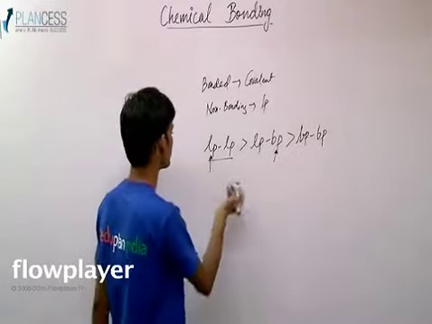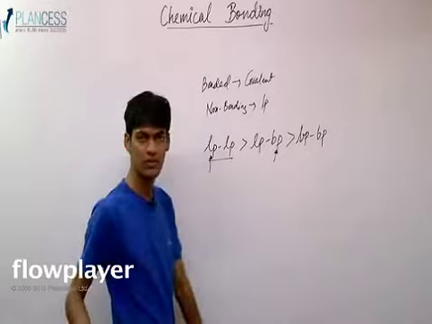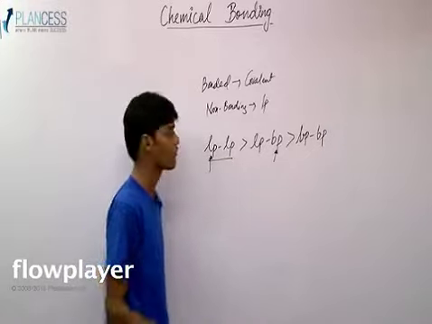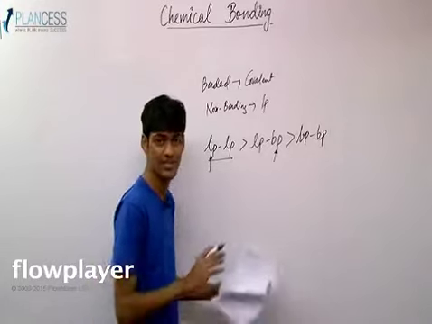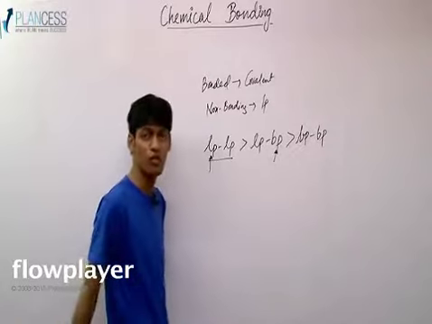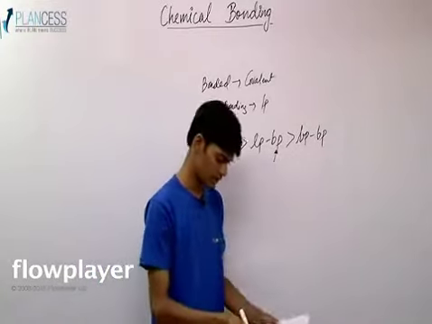Whenever you have to predict the geometry and where to place the lone pair, you first have to consider how many lone pair repulsions are coming into effect and what the angle is. The geometry in which the lone pair repulsion is minimum would be the stable configuration for that element.